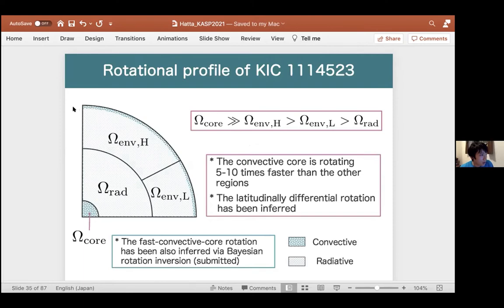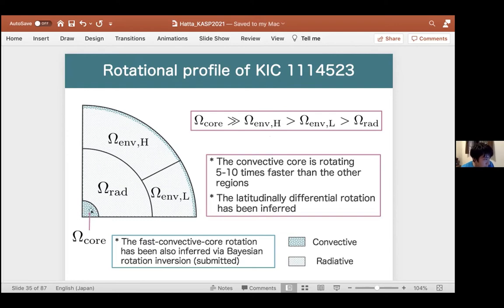And here's a summary slide for the rotational profile of KIC 11145123, because we have carried out some other inversion techniques like OLA in two-dimensional array. In short, the radiative region is rotating rigidly, but there's definitely a differential rotation, both in the radial direction, here, and also in the latitudinal direction.